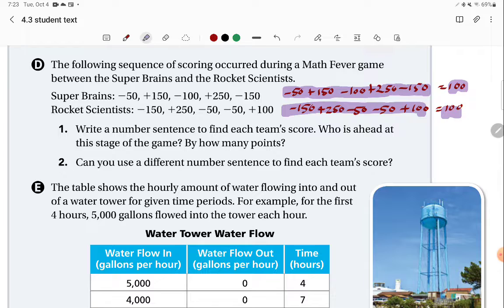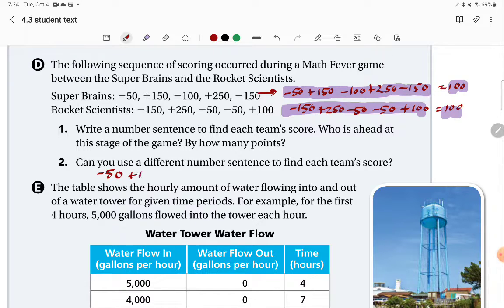But then on part 2, can you use a different number sentence? So here's the thing. There's many different ways you could do this, right? Looking at, for example, the first one, if I look at the first 3 terms, negative 50 plus 150 minus 100.